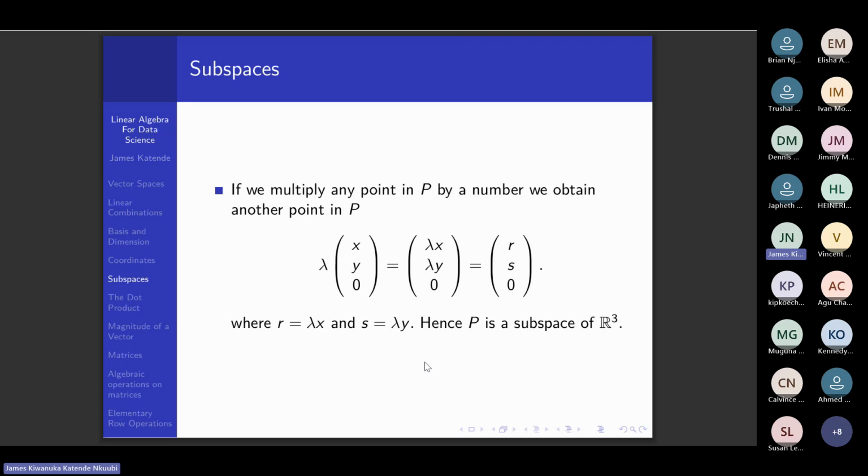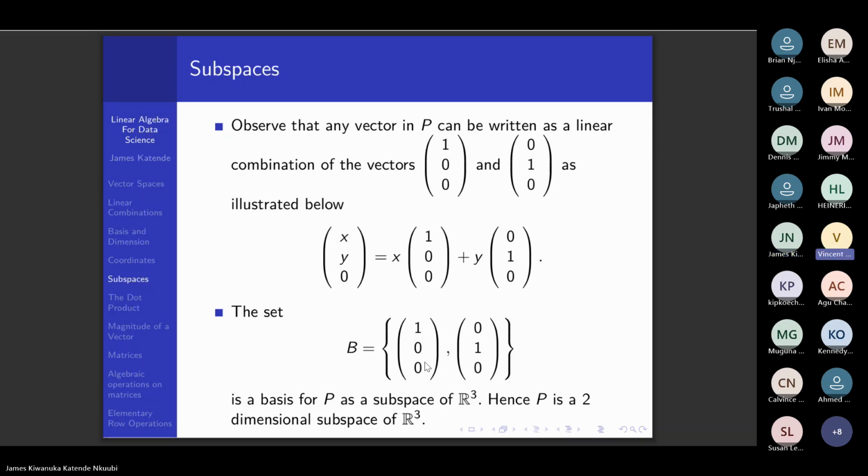This time we're working in R3. So we now observe the following: if you pick any vector in our subspace, we call it P, it's possible to write it as a linear combination of these two vectors, 1, 0, 0 and 0, 1, 0.